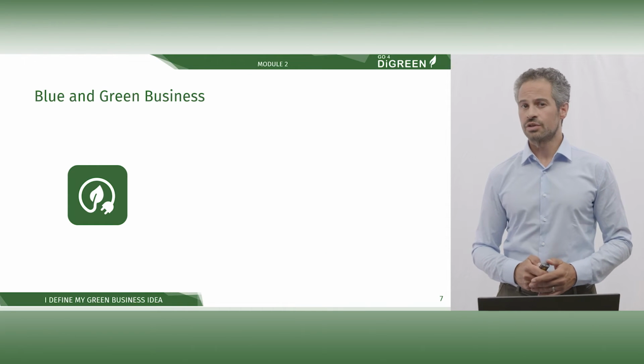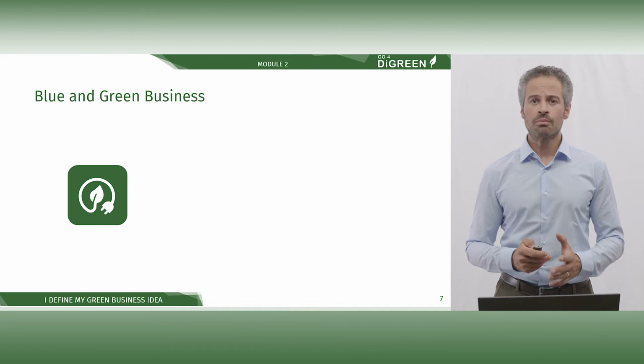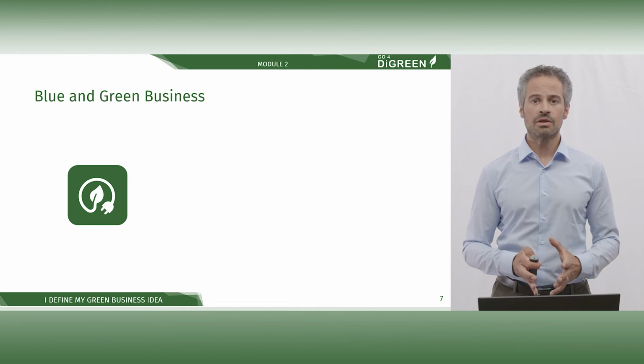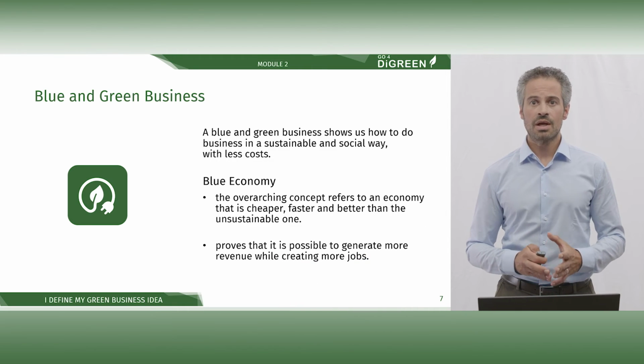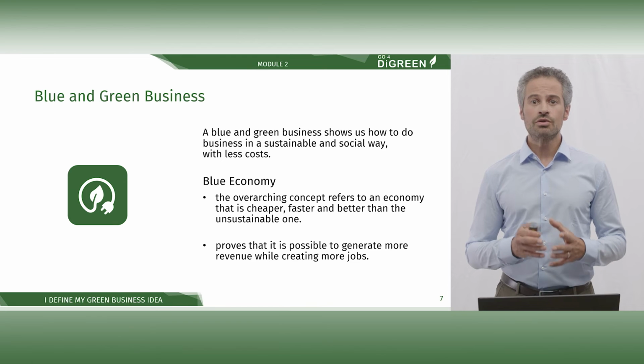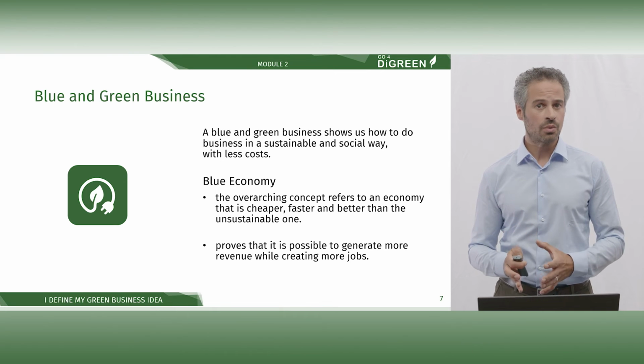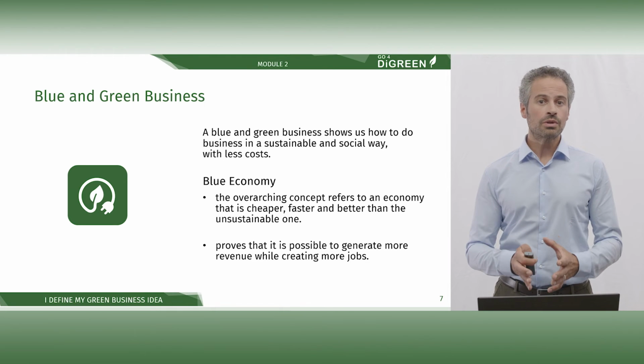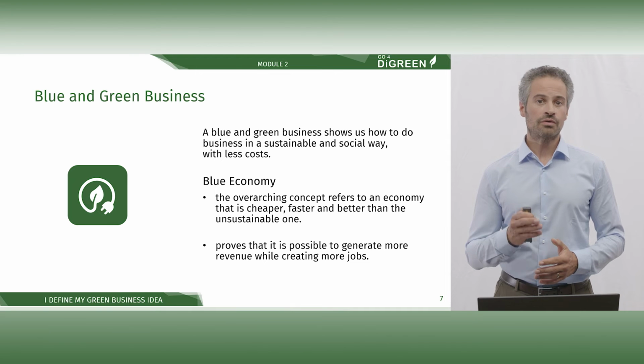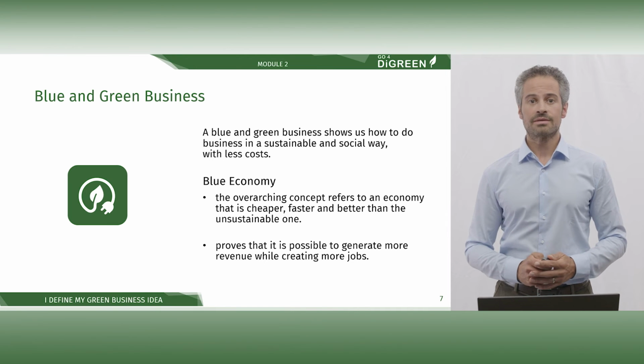After going through the definition of green business, it would also be important to understand the wider concept of blue and green economy. The blue economy shows us how to do business in a sustainable and social way, and even with fewer costs and resources involved, both for the consumers and the businesses.